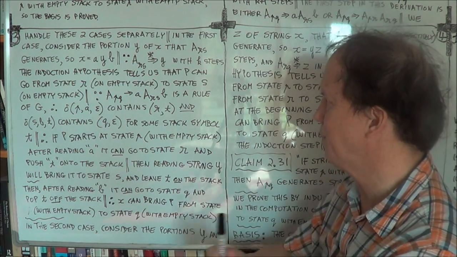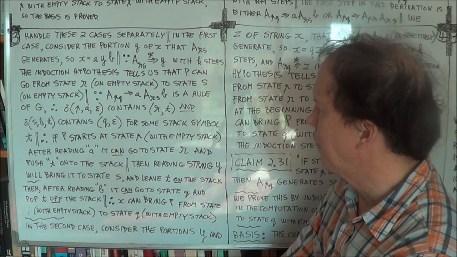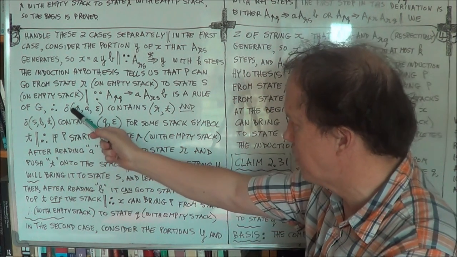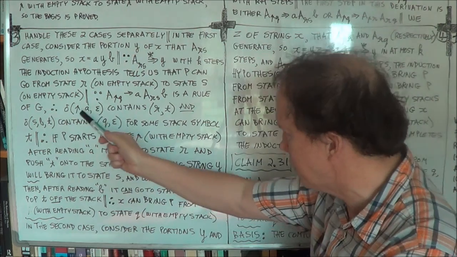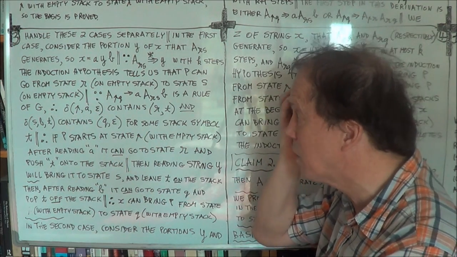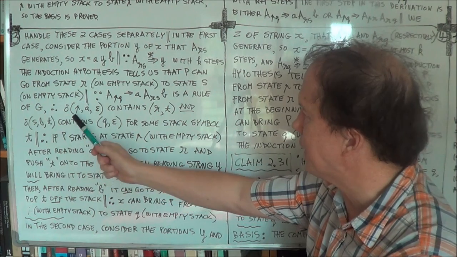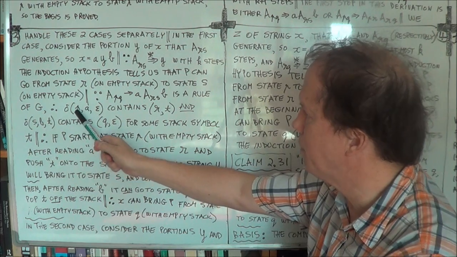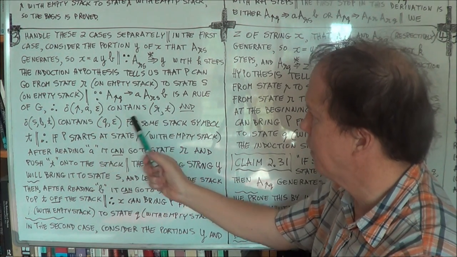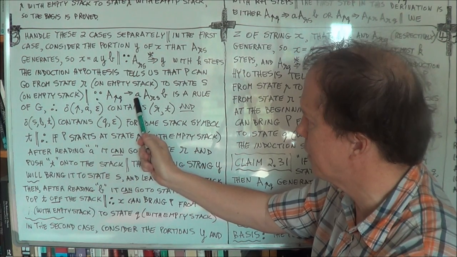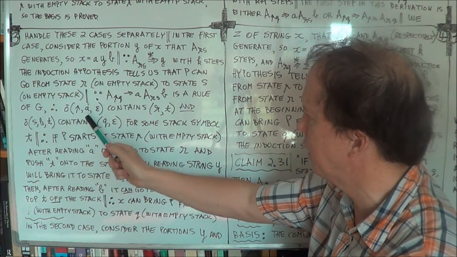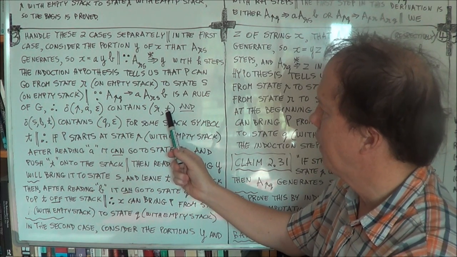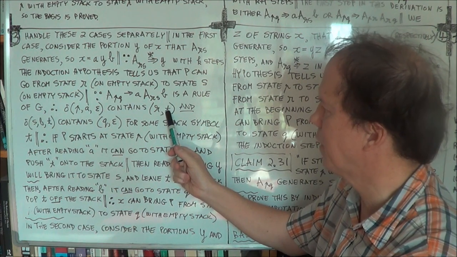Okay, so we know this is from that. Now what can we conclude from that? This is for the machine, so if we're in state P, we can transition to state R if we're reading an a, which we are, that's the first symbol in your x. If we're reading an a, we can ignore the stack and push the symbol T onto the stack.